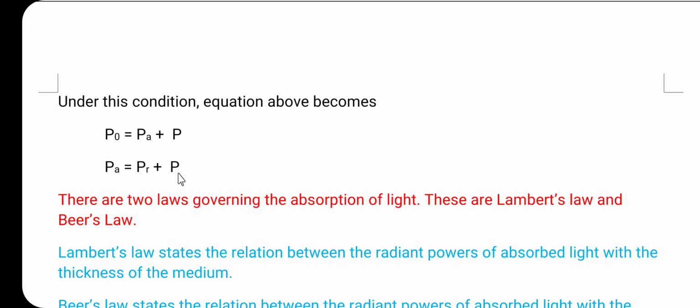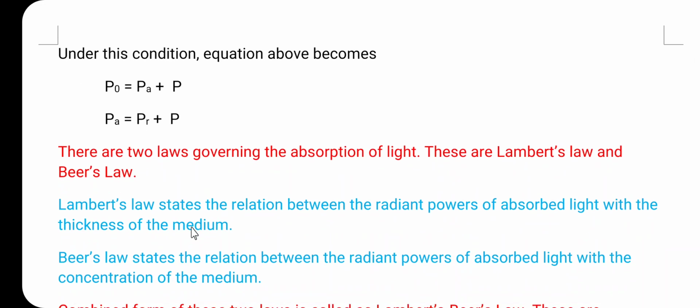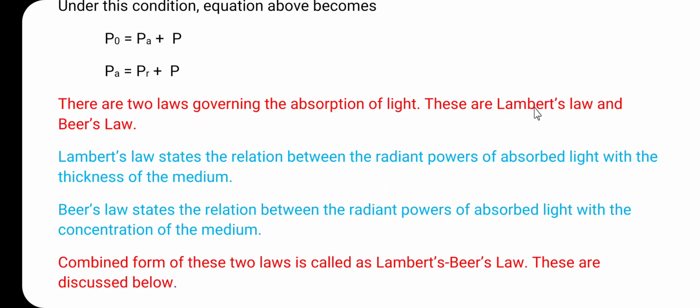After rearranging this equation we can write PA is equal to P0 minus P. Friends, there are two important laws governing the absorption of light. The first is Lambert's law and the second is Beer's law. Lambert's law gives the relation between the radiant power of the absorbed light and the thickness of the medium.